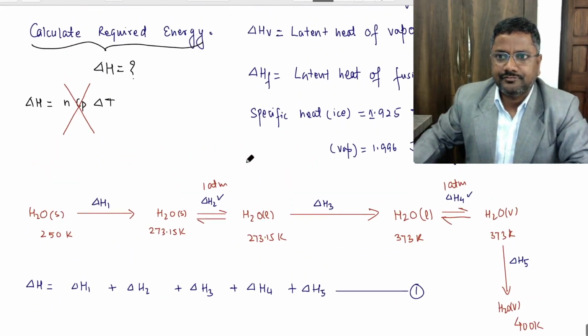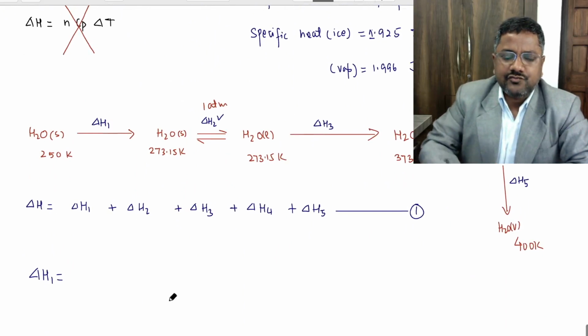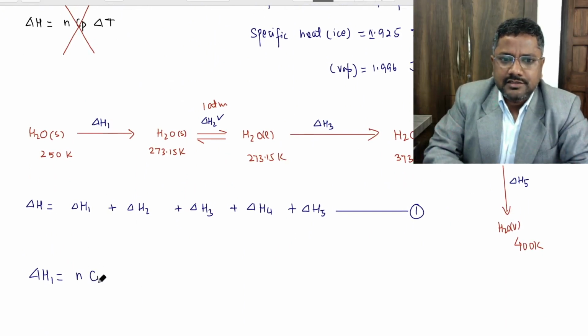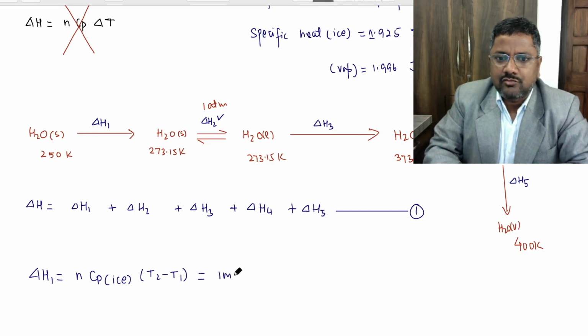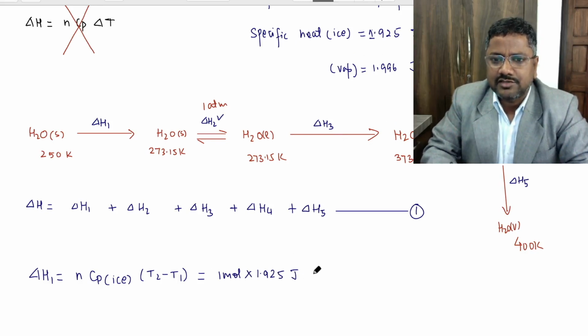So delta H1 is equal to n Cp of ice into (T2 minus T1), right? So n is 1 mole and Cp of ice is given as 1.925 joules per Kelvin per gram, that is gram inverse.